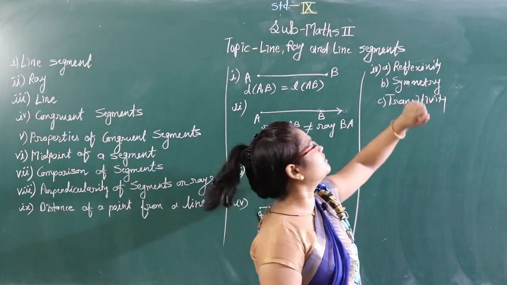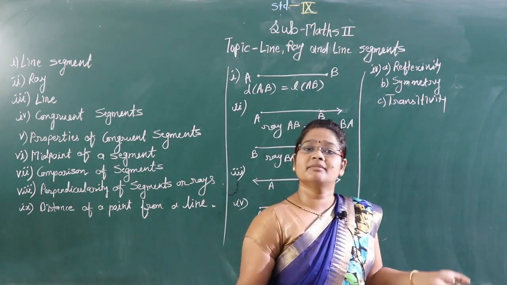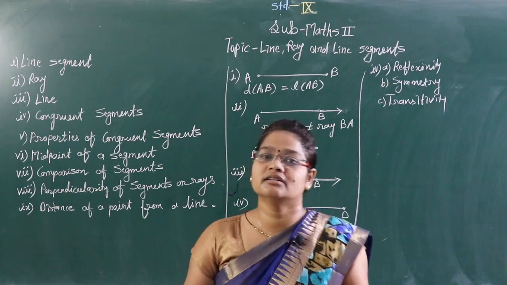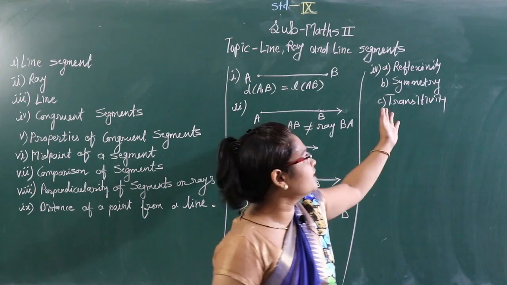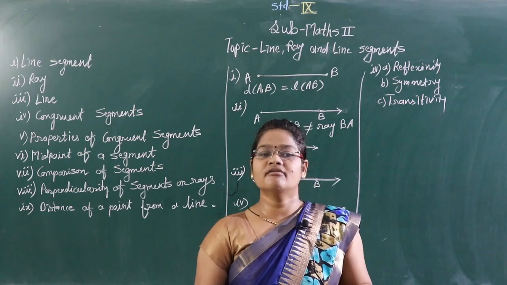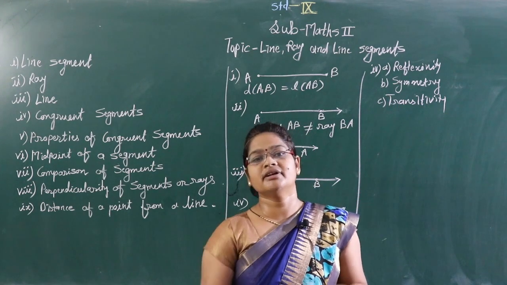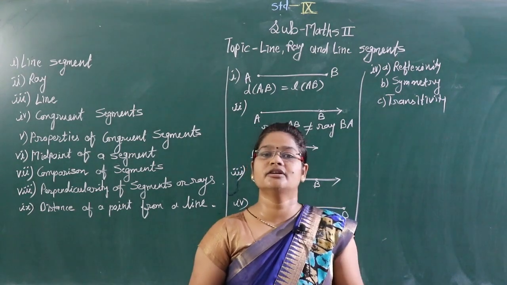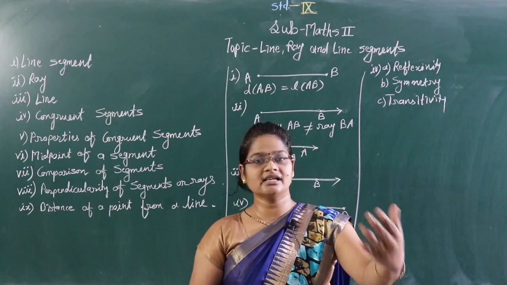Now first we will talk about reflexivity. What is the meaning of reflection? I hope you have learned about reflection in science. Reflection means the mirror image. When we stand in front of a mirror, we see our image.